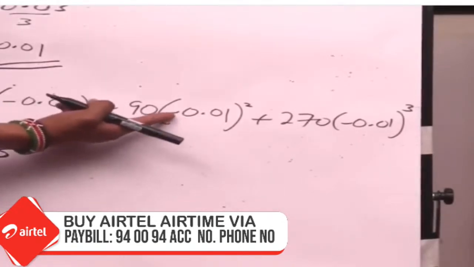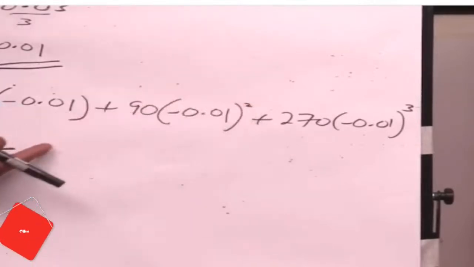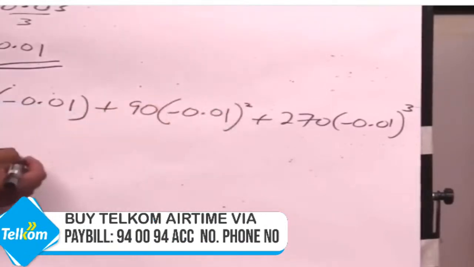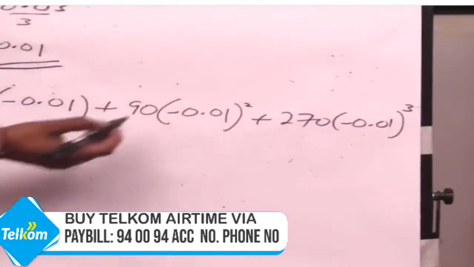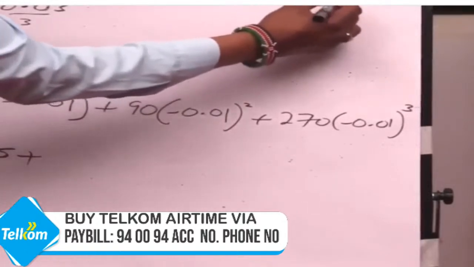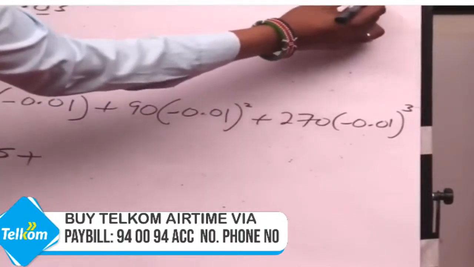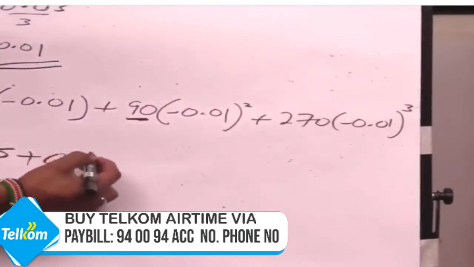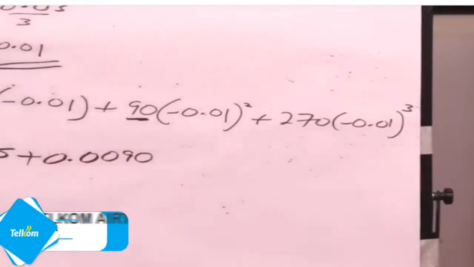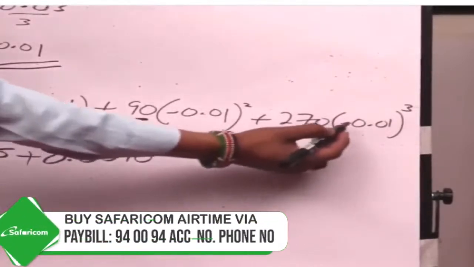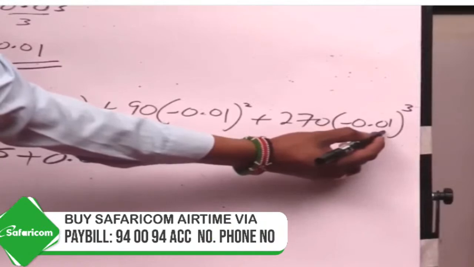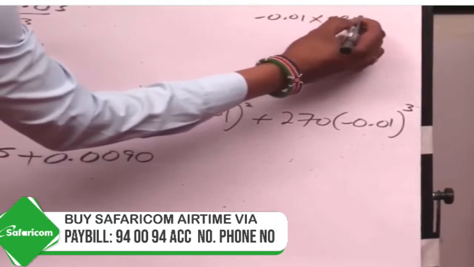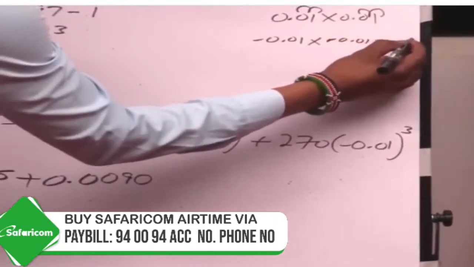Then minus 0.01 squared becomes minus 0.01 times minus 0.01. Minus and minus becomes plus. Then 0.01 times 0.01 is 4 decimal places. So when you multiply by 90, it becomes 0.0090. Then minus 0.01 cubed becomes minus 0.01 times minus 0.01 times minus 0.01.